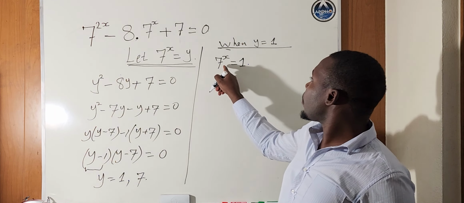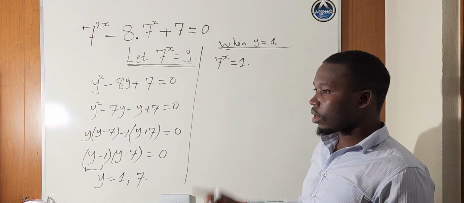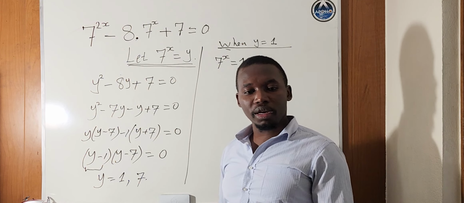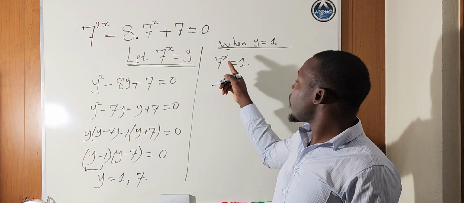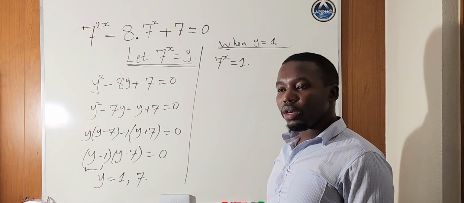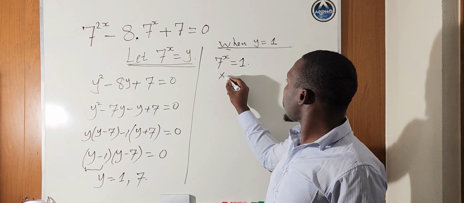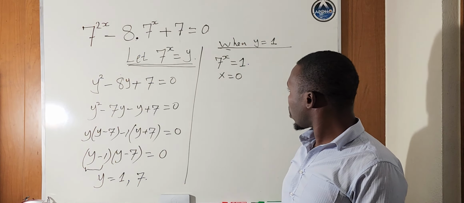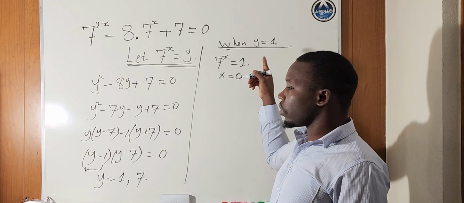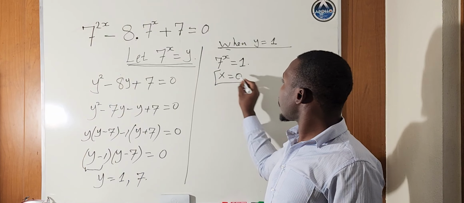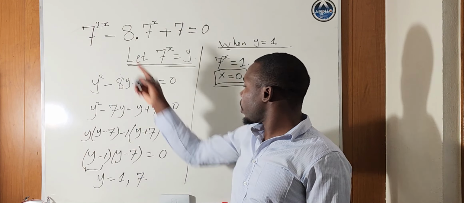If you remember, any number raised power 0 will give you 1. You can take your calculator to prove that, even if it's a million, any number raised power 0 is 1. So x here will be equal to 0, because 7 raised power 0 gives you 1. So this is the first value for x.